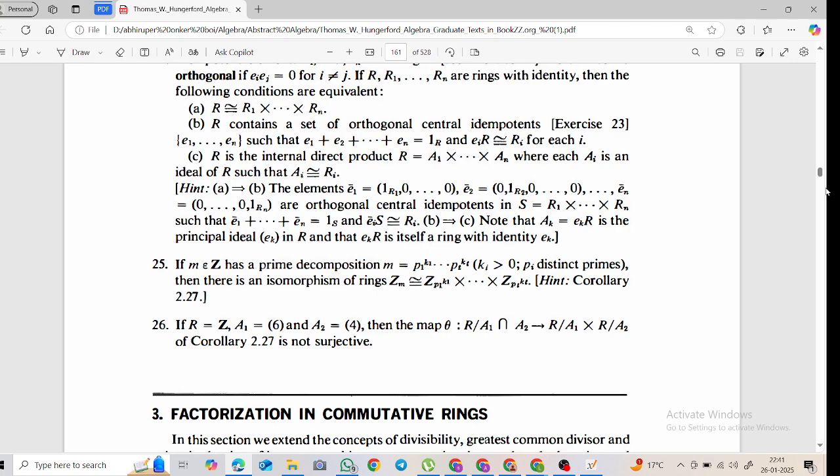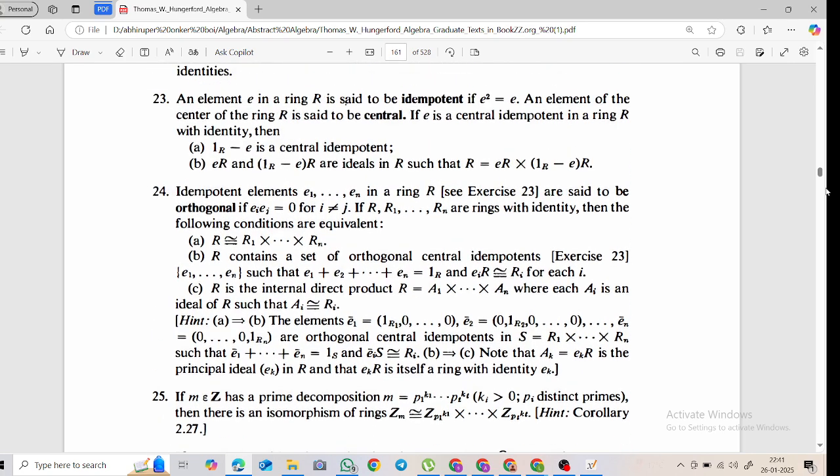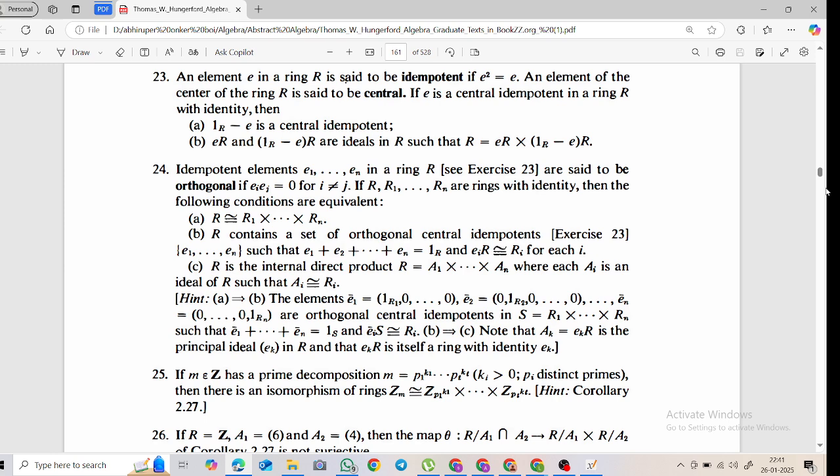I think 24, 23 was the last thing that we did. I never put it.